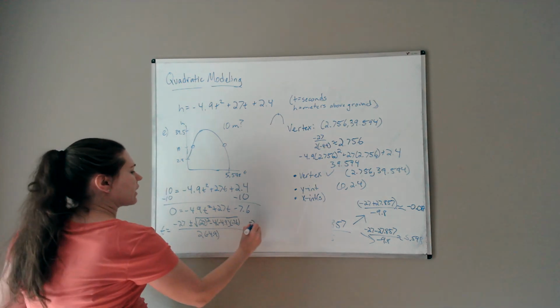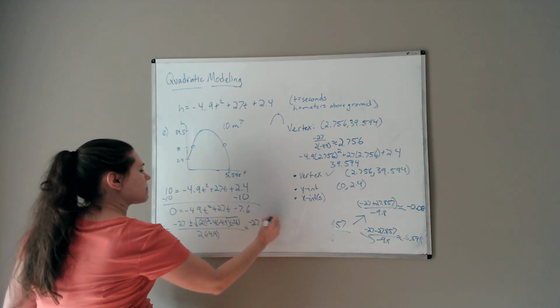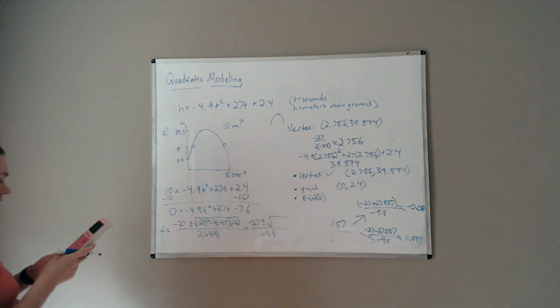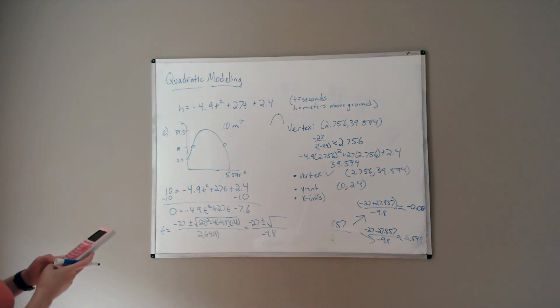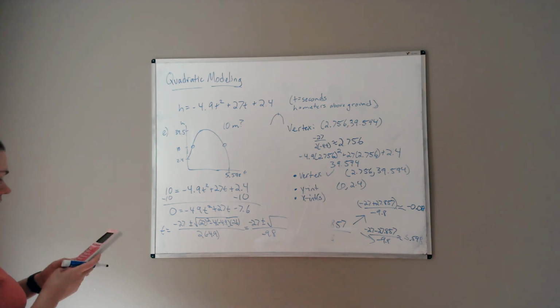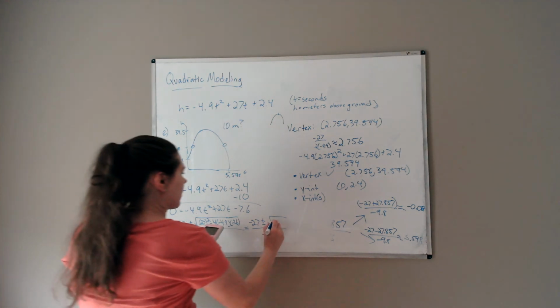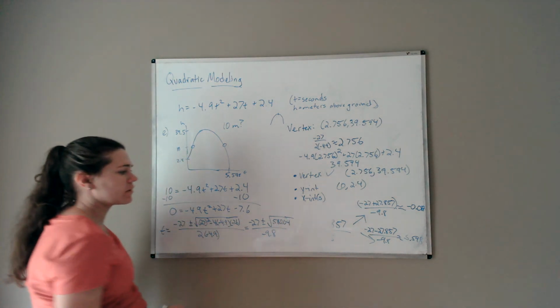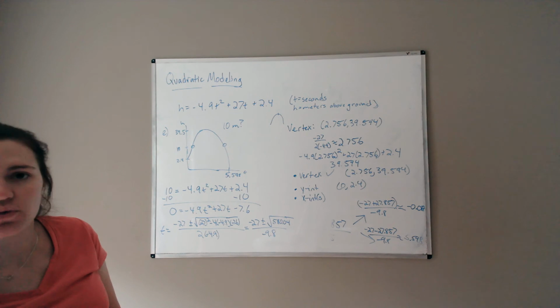So the first thing is we'll get that discriminant value. So the discriminant value is 580.04. So what this is telling us, look at the discriminant, it's a positive number. That means we're going to get two real answers.